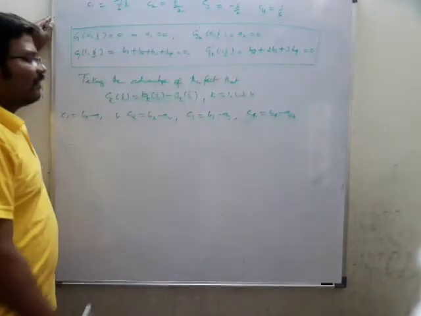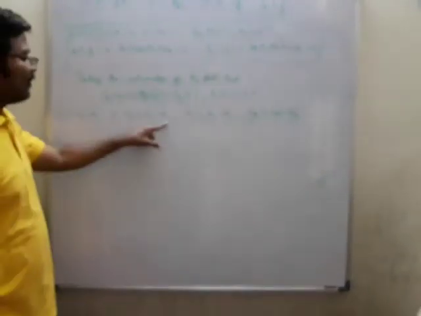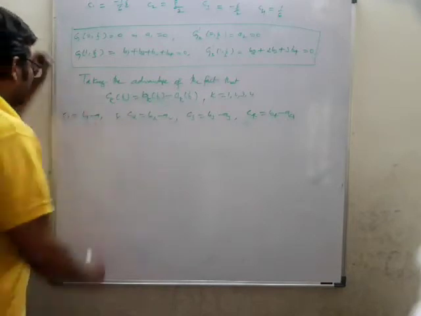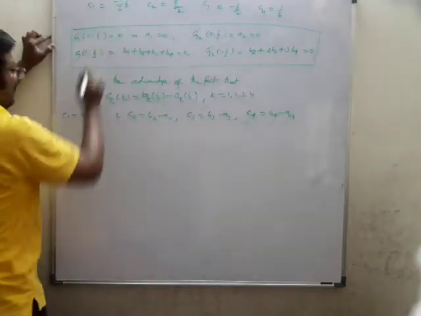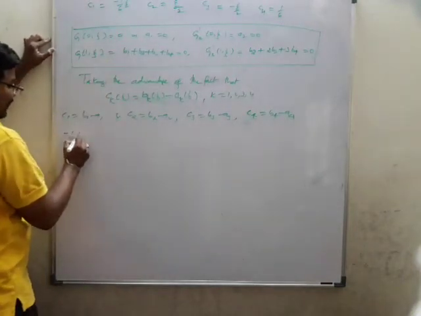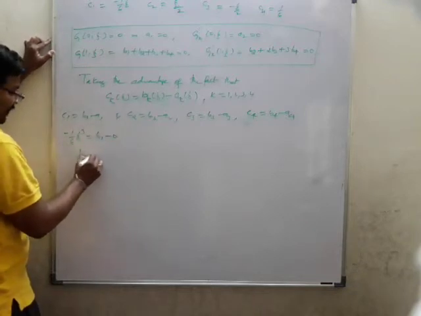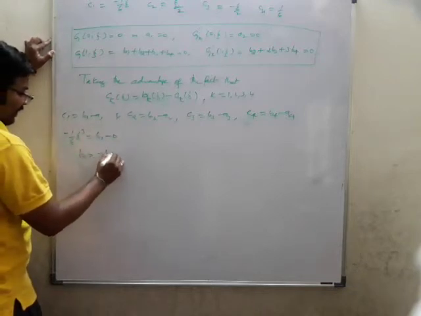Now we need to find all the values. A1 we know, A2 we know, and C1, C2 we also know, so we will get B1, B2. C1 we know, that is minus 1 by 6 xi cube. A1 is 0, so B1 is nothing but minus 1 by 6 xi cube.